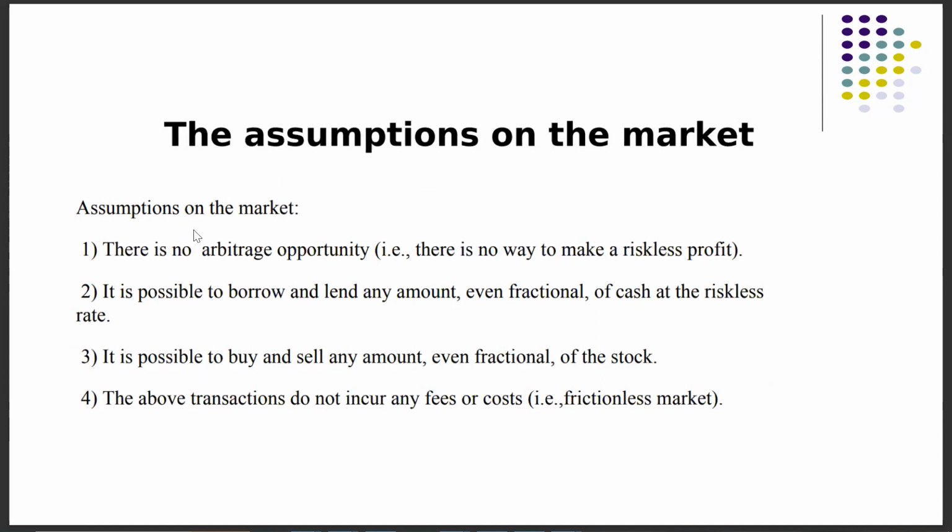So maybe you see that this assumption doesn't always hold in practice, but assumptions are assumptions. And it's possible to buy and sell any amount, even a fraction of the stock. And the above transactions do not incur any fees or costs. So we can consider our market like a frictionless market.